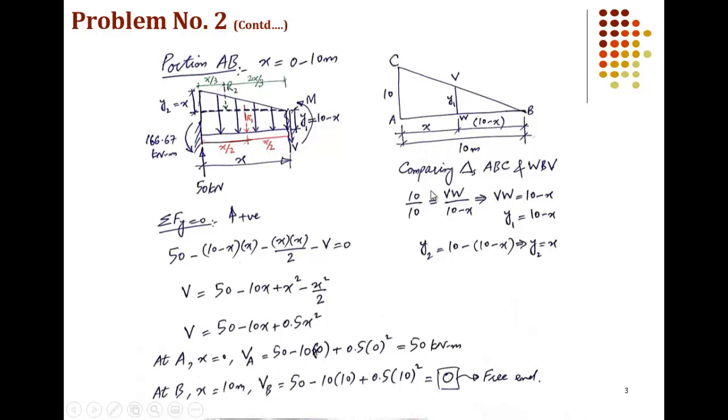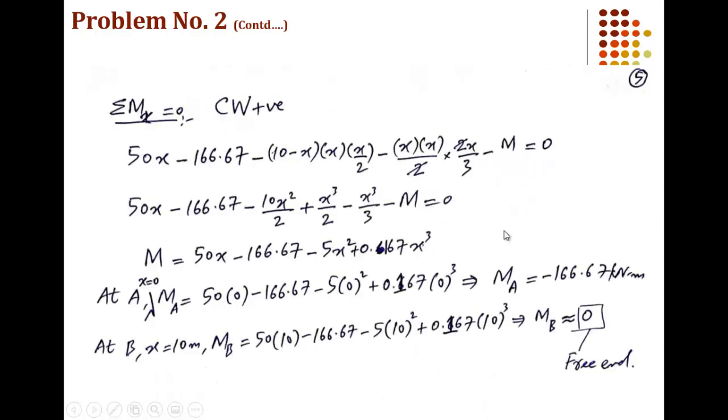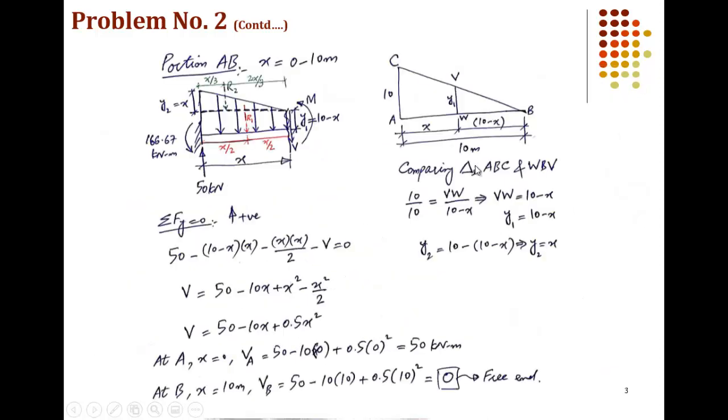So comparing the similar triangles, we have two similar triangles: triangle ABC and triangle WBV, and we will take the ratios of their perpendicular and base.